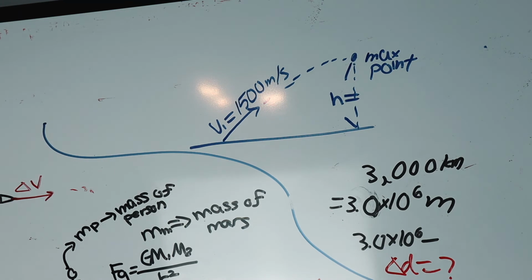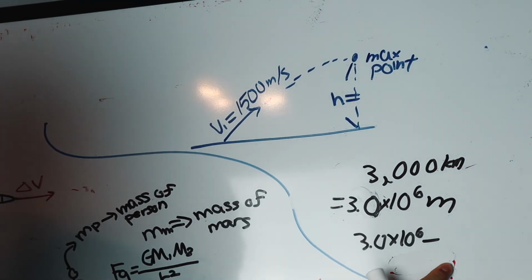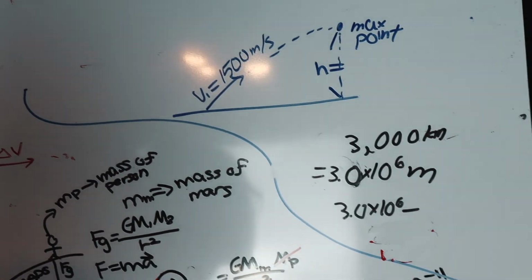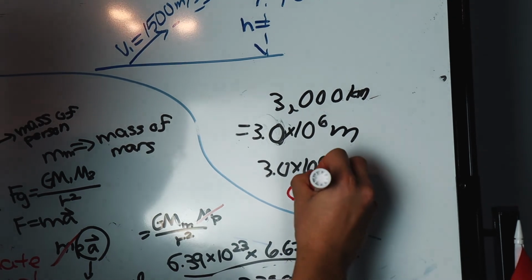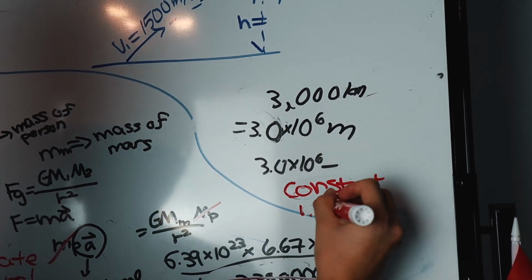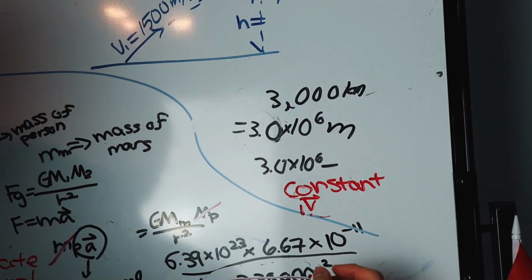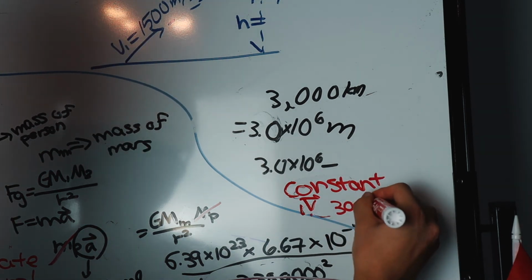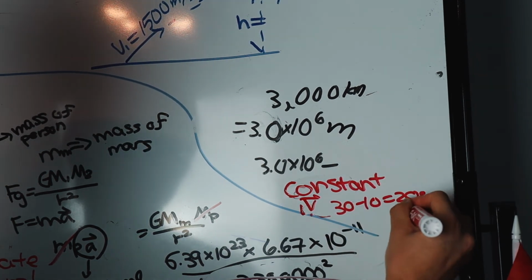We have two segments, because the rocket accelerated and then moved at constant velocity. Let's do the constant velocity part first. When the rocket is at constant velocity, it's between 10 seconds and 30 seconds. So 30 minus 10 equals 20 seconds, which is going to be the value of delta t.